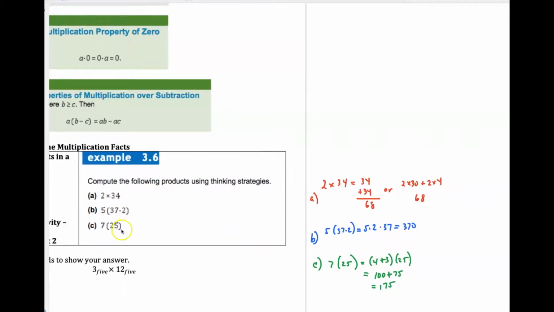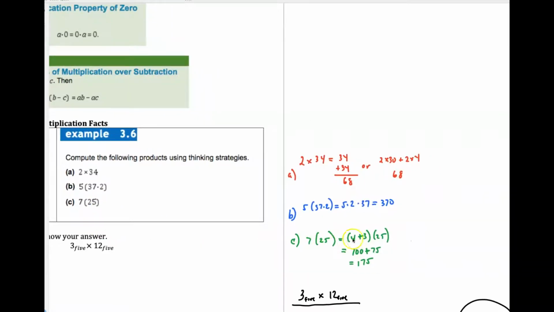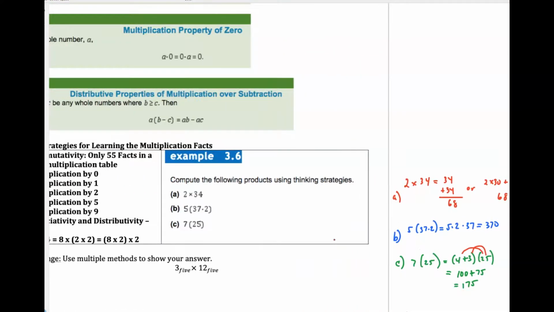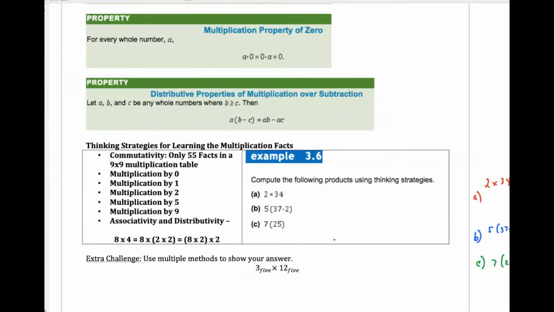And for 7 times 25, I can break the 7 into 4 plus 3, and now you have 100 plus 75, because you're going to do 25 times 4, 25 times 3, and you get your 175. So those are some strategies to do multiplication, using some thinking strategies.